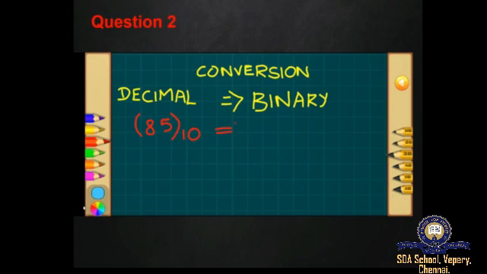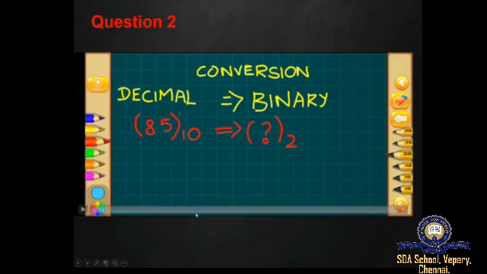We have to find the binary equivalent for 85. Are you all ready? Now we are going to solve question 2. First, what is our question? 85 decimal number. We have to find the binary number.